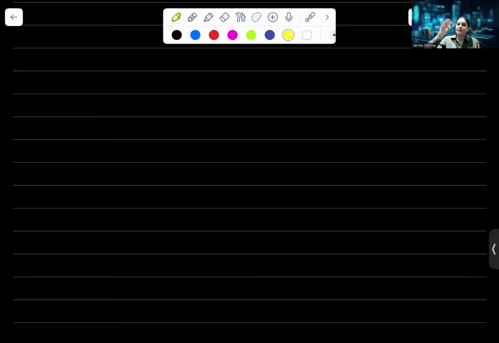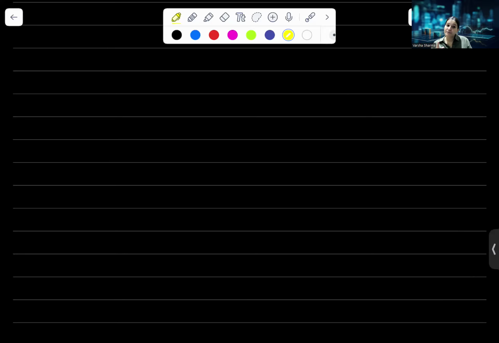Getting head is a part of that sample space for which I want to find the probability. Getting tail is an event. It is a part of the sample space, a subset of the sample space for which I'm finding out the probability. Throwing a dice, 1, 2, 3, 4, 5, 6 is my sample space. Getting an even number, so 2, 4, 6 is my event. Right? So event is a subset of the sample space for which we find the probability.